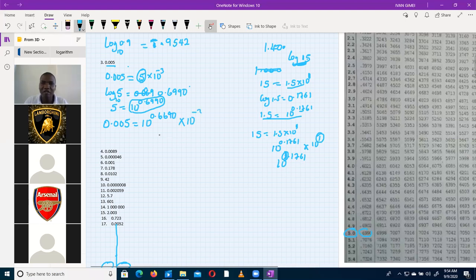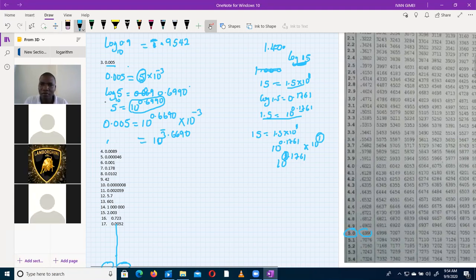Then we say this is the same as 10 to the power of, the 3 is negative, so I write 3 bar .6990. That is the equivalent of 0.005.